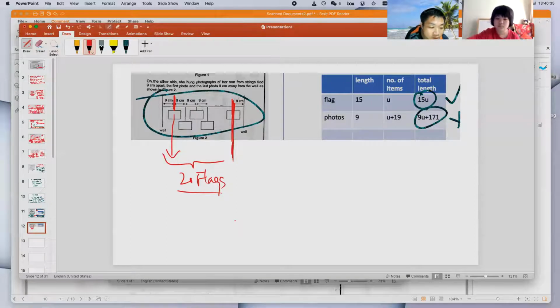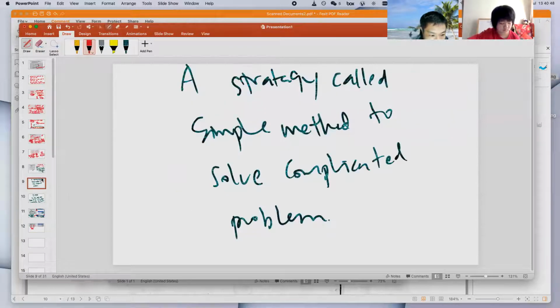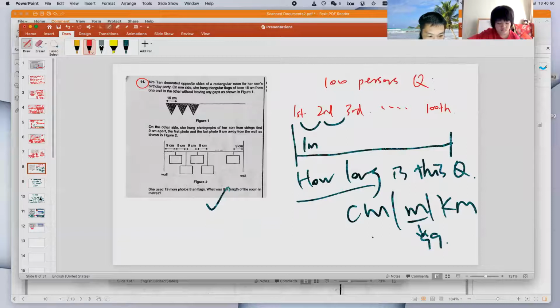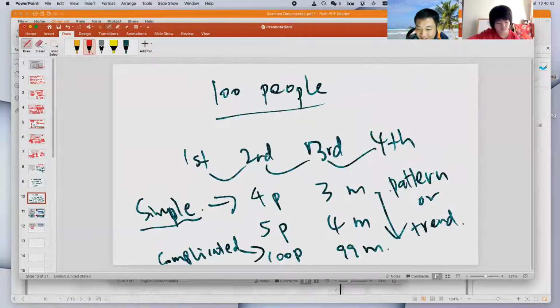But if I use small numbers, then I can actually solve complicated questions. When I say assume, you assume to get a sense, to get a pattern or trend. You assume not to get the correct answer.